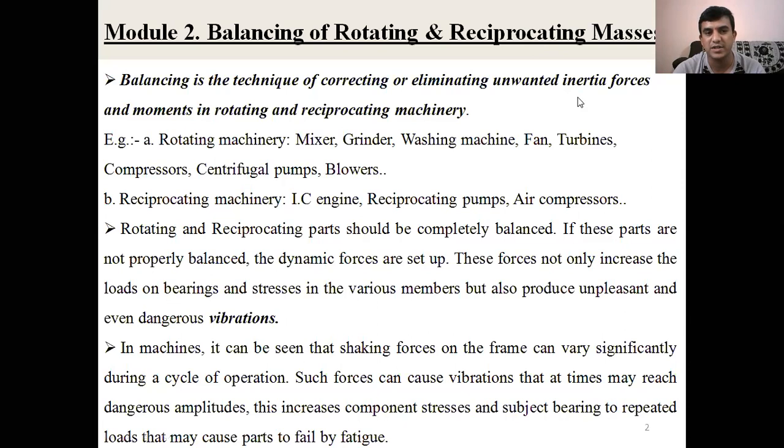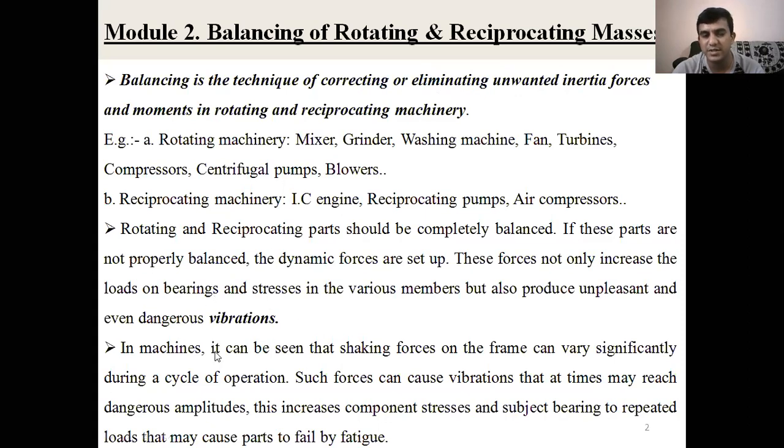These shaking forces repeat at equal intervals of time, and then the body undergoes vibration. To remove these shaking forces, first eliminate the unwanted inertial forces. If not eliminated, the body undergoes vibration.